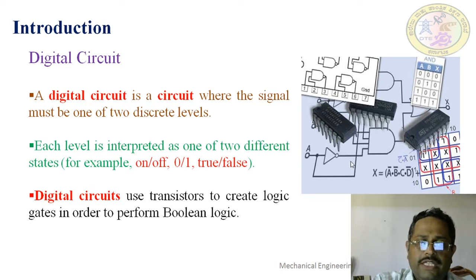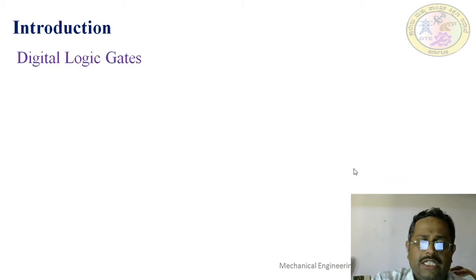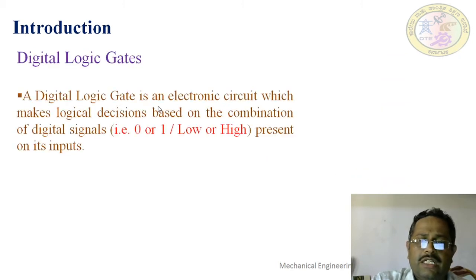Next, we will see what is a digital logic gate. The digital logic gate is an electronic circuit which makes logical decisions based on the combination of digital signals present on its inputs. The digital signals may be 0 or 1, or low or high. The 0 or 1 are the binary numbers.